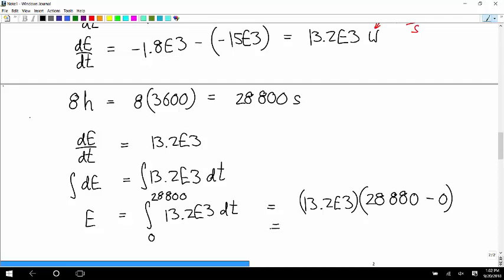And what do you get for that? Something big. And now it's in joules.